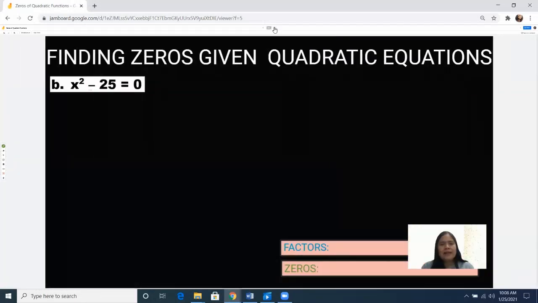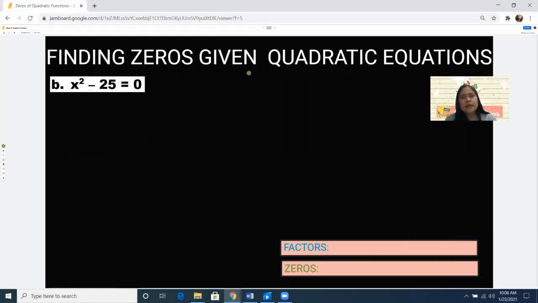Next, we have finding zeros given a quadratic equation. This one also is very easy and simple. To find the zeros, that is why we recorded first how to factor and how to use other methods to solve a quadratic equation, because in finding zeros given a quadratic equation, we can use different methods. You may also check the other videos that we've uploaded on how to solve quadratic equations or functions, because those are the methods that we will use to find the zeros if the given is an equation.